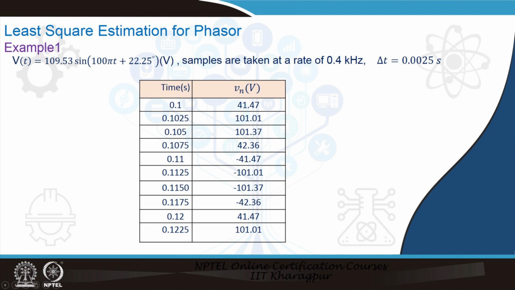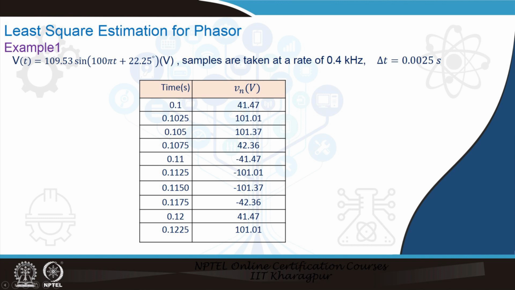Samples are taken at 0.4 kilohertz, and therefore delta t becomes 0.0025 second. We got the corresponding voltage samples, which we have already seen, and this is the corresponding time index with an interval delta t of 0.0025 second.